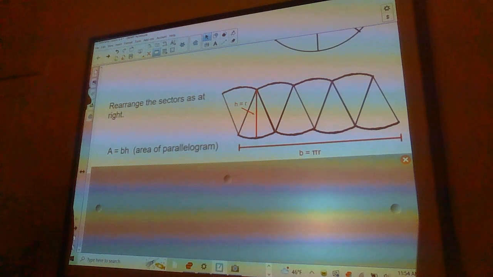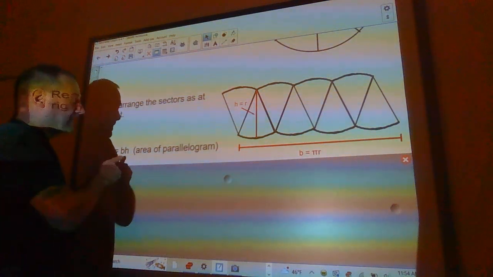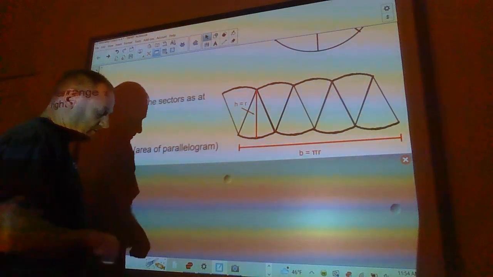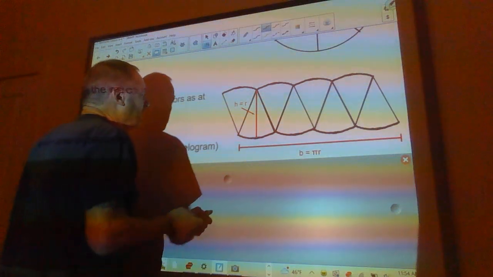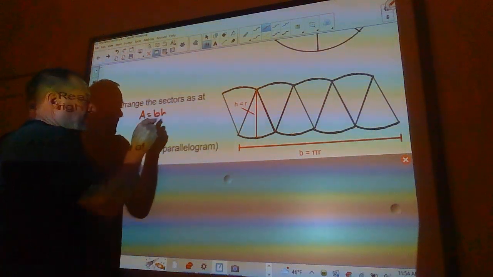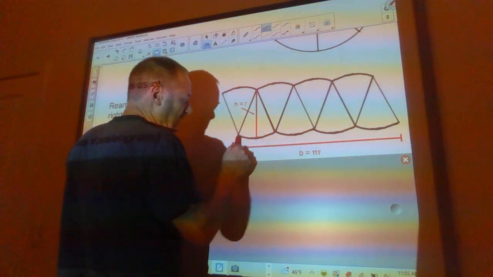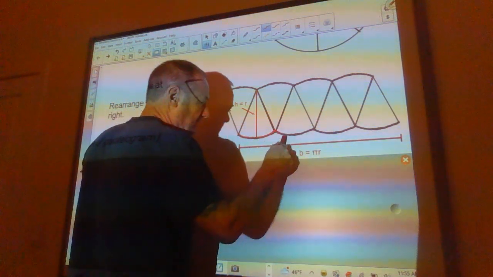So what we're going to do is try the area formula for a parallelogram, which is base times height. Okay, now here's the thing: if we use the base times the height formula, the base of this thing is this right here.